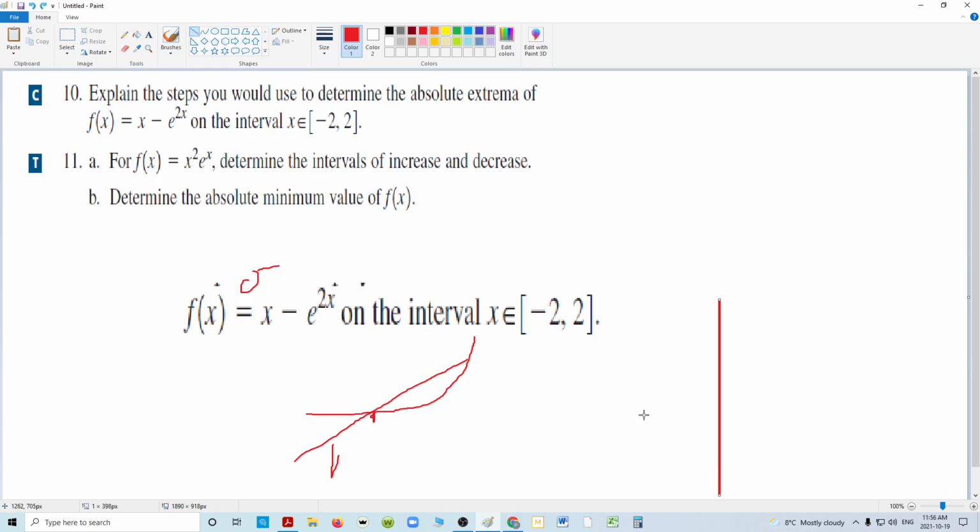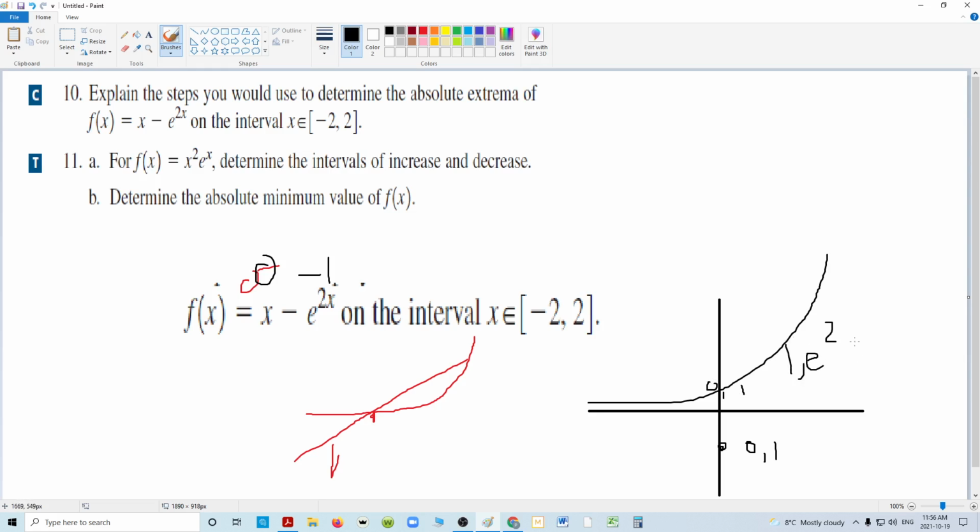When x is 0, we get 0 here minus 1. So it's going to go through here at 0 comma minus 1. And over here, you essentially have a growth curve that also goes through 0 comma 1 and 1 comma e squared.